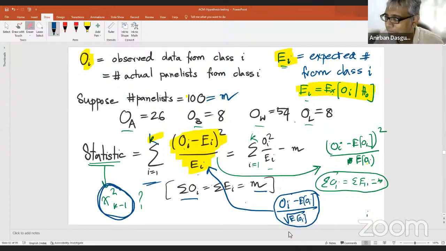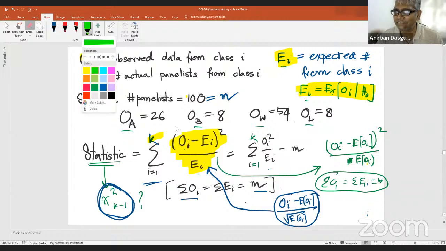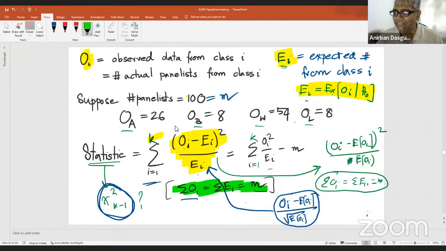Why k minus 1? We're summing up k of them, so wouldn't it be natural to say that the sum is also a chi-square distribution with k degrees of freedom? Any thoughts on why it's not k? Because these observations are not completely independent.